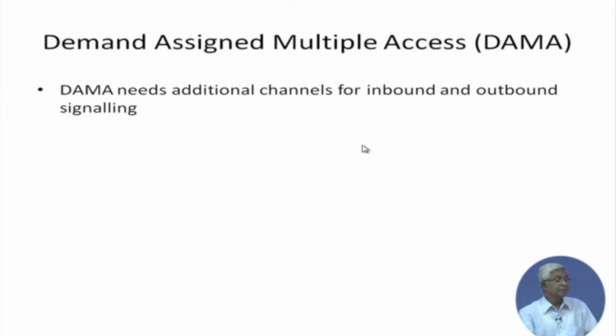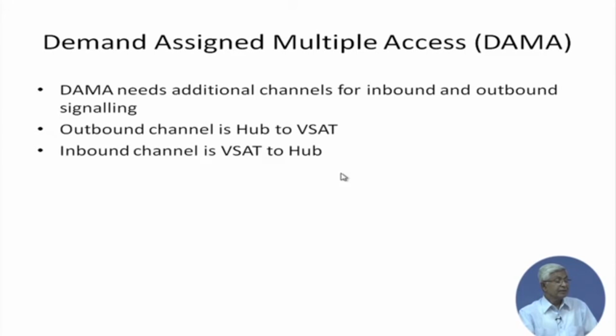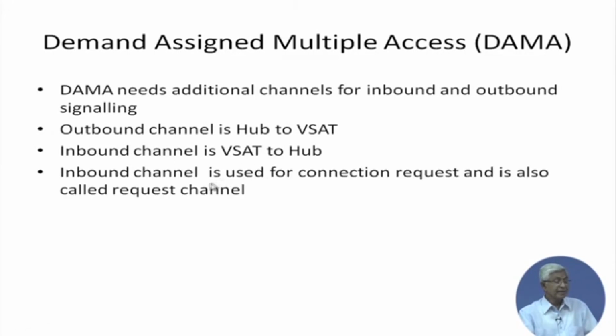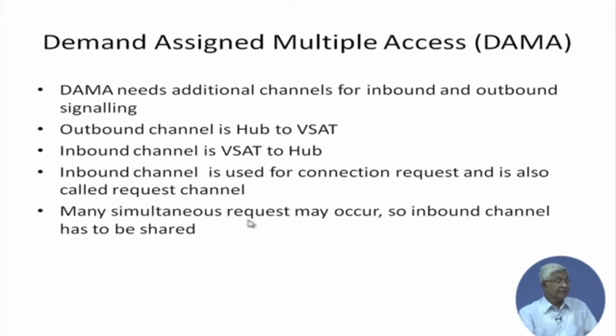So the outbound channel is from hub to VSAT, whereas the inbound channel is from VSAT to hub. Many VSATs might be requesting, so the inbound channel, which is used for connection requests and is also called the request channel, has to be shared, as many simultaneous requests may occur.